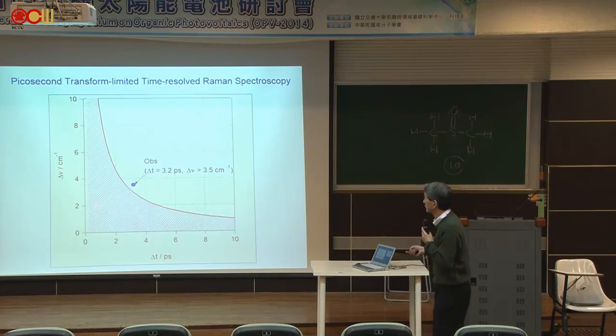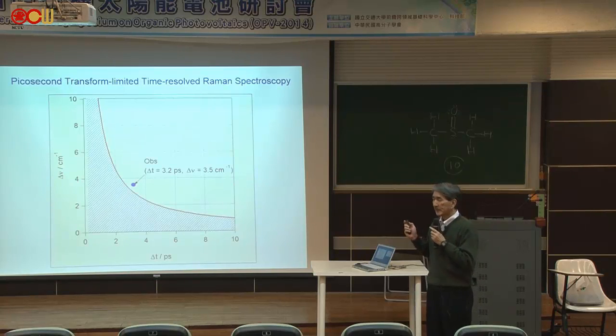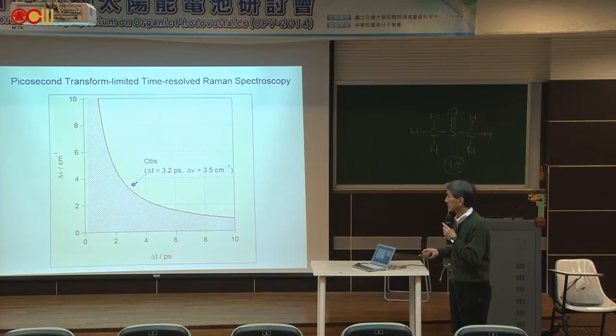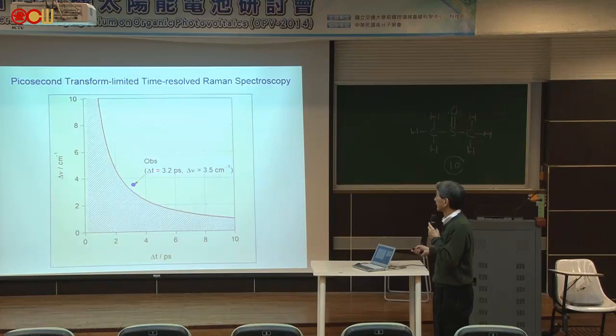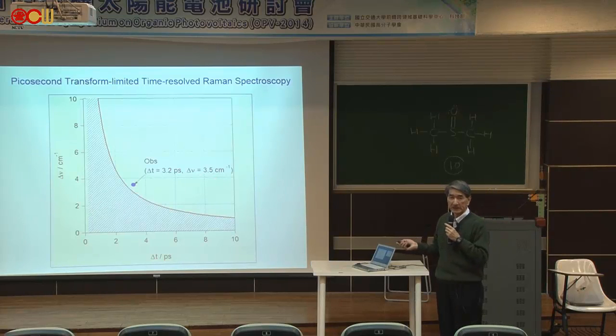So if you want a very high resolution of 1 wave number, then you have only 10 picosecond time resolution. So in the apparatus I showed, we optimized both the laser line width and the pulse width, with a pulse width of 3.2 picoseconds and a wave number width of 3.5 wave numbers.